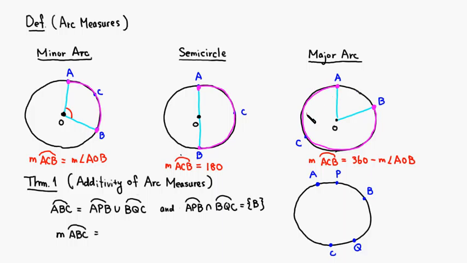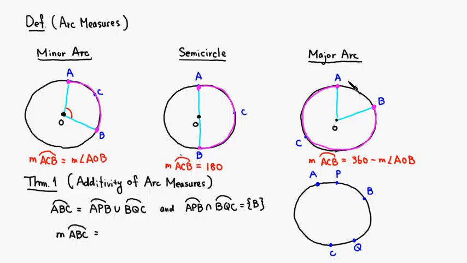But we want this major arc to have a larger measure. So what we're going to do is 360 minus the measure of the angle AOB. So that's how we define the measures of minor arc, semicircle, and the major arc.